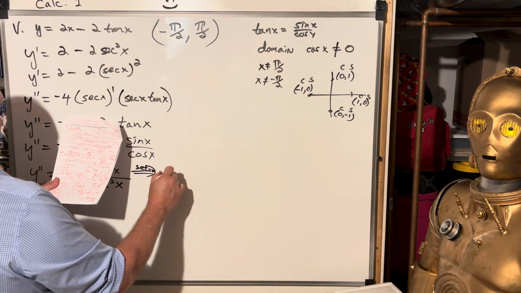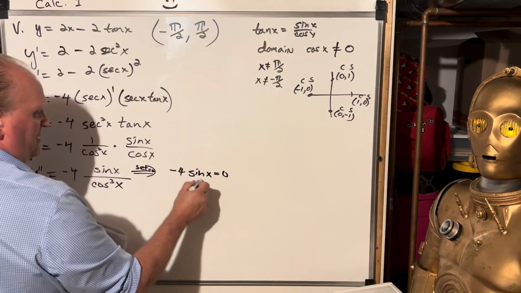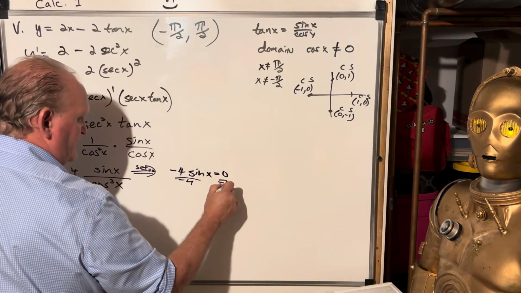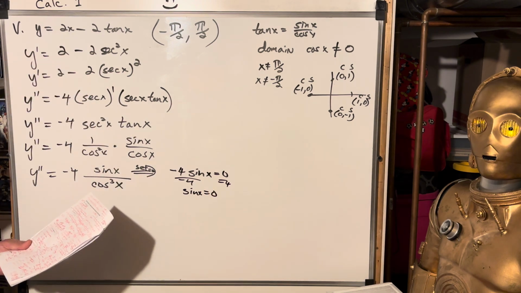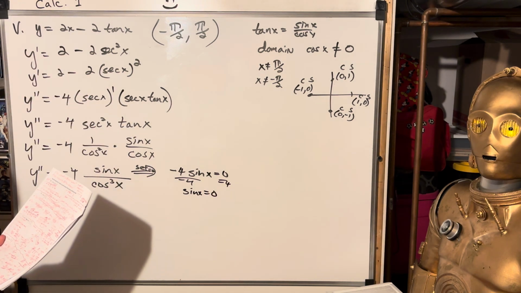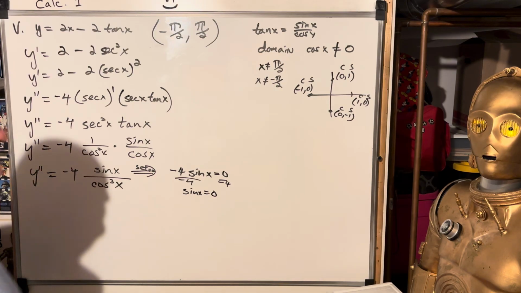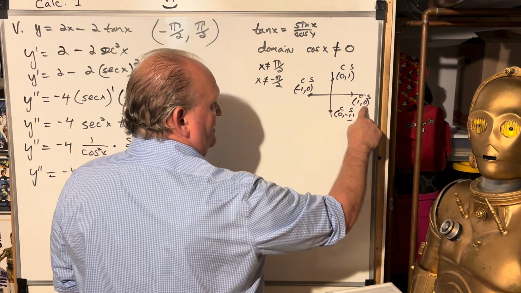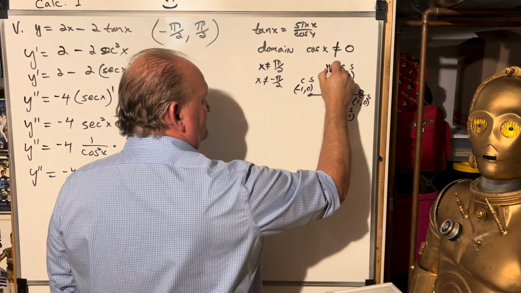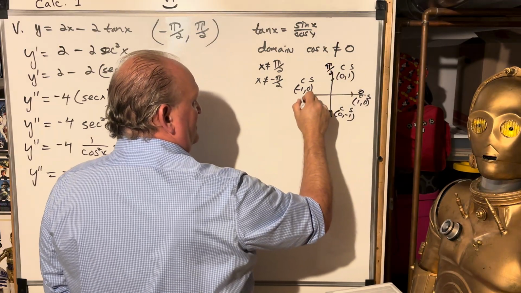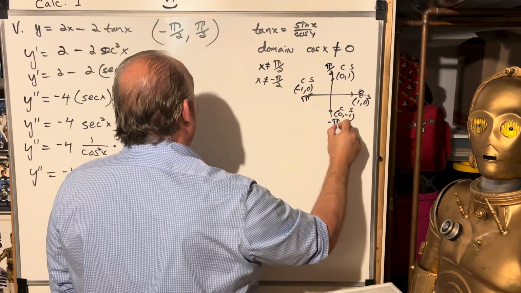So we got -4 sine x equals 0. So you divide out the -4, that just disappears. So sine x equals 0. When is the sine equal to 0? Well, that is at 0 and pi, right? This is pi over 2, this is pi, this is -pi over 2.